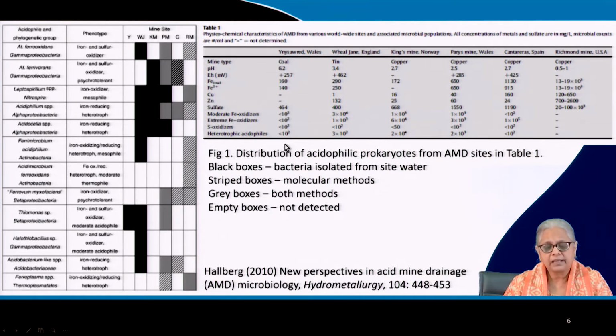They are slightly less than 10 to the power 2, which is the detection limit of many of these methods, I think. And you also have 10 to the power 3, 10 to the power 4, 5 in one case. So these are some of the iron-oxidizing bacteria that have been identified in acid mine drainage.